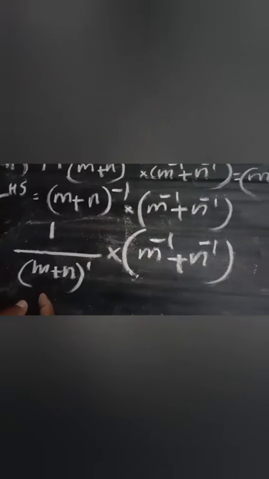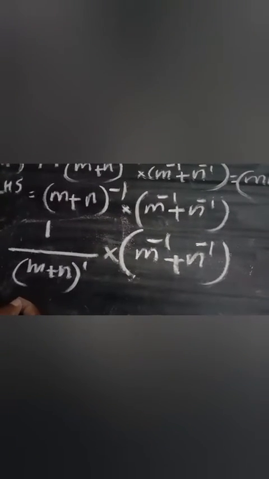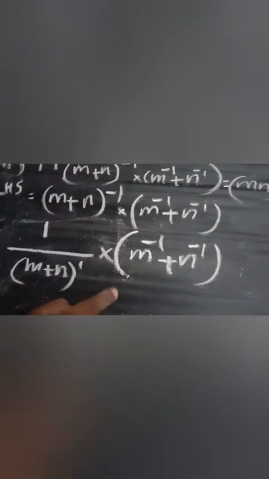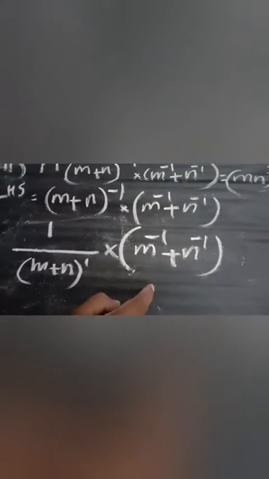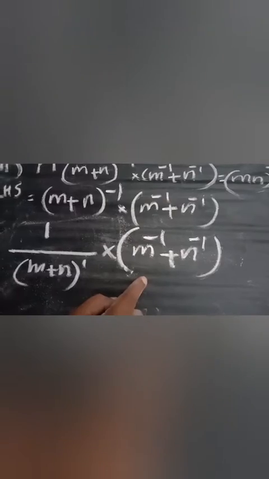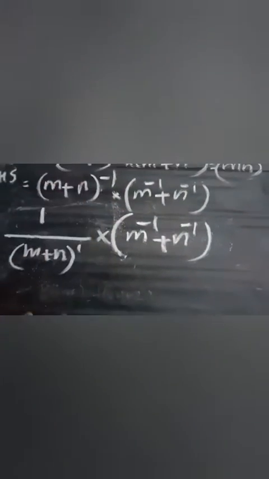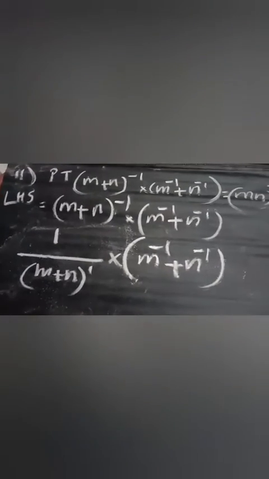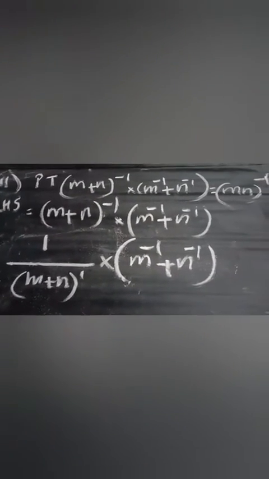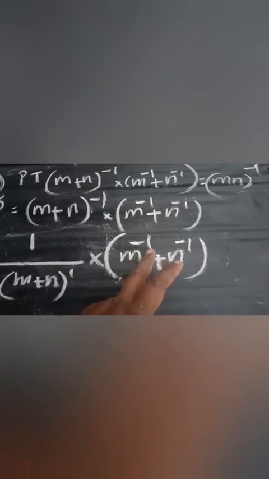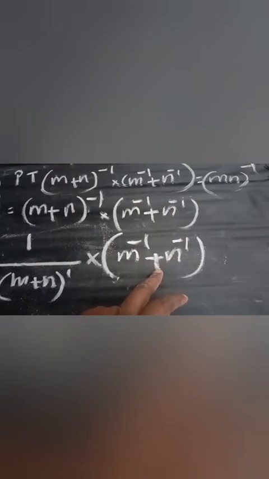See here, m raised to minus 1 plus n raised to minus 1. We can't write it as (m plus n) the whole raised to minus 1. This is wrong, because here it is m raised to minus 1 plus n raised to minus 1, not into.